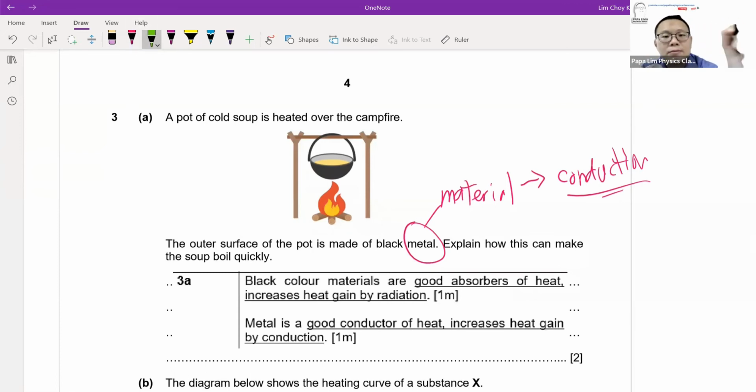The other clue that's given to us is the word black. Black here refers to the color. When we deal with color, the mode of transfer that we are looking at is radiation.